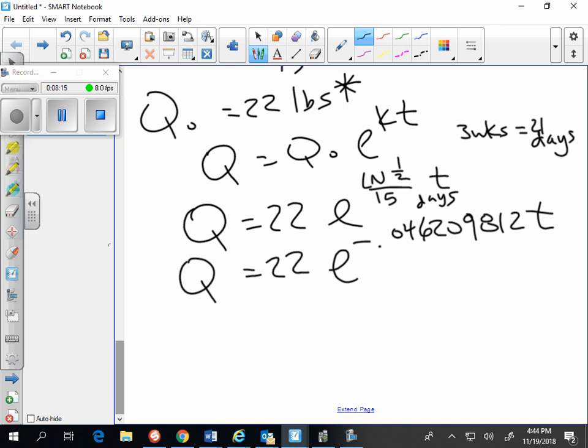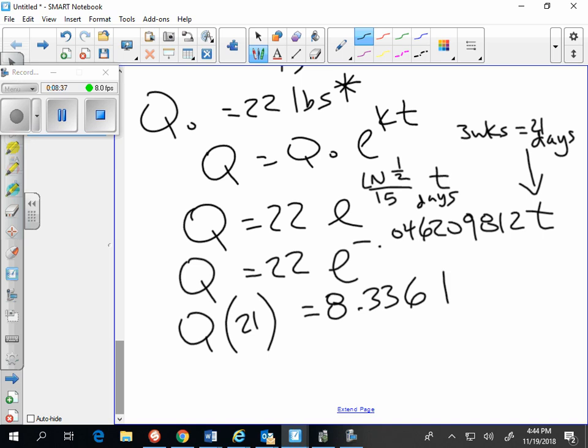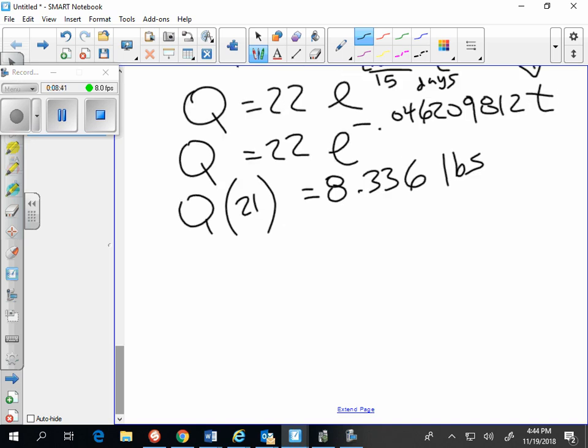So I'm going to plug a 21 into my t. 21 times that rate, e raised to that power, multiply that by the initial weight of the gnome, and I get that after 21 days, the gnome will weigh 8.336 pounds, or the remains of the gnome will weigh that much.